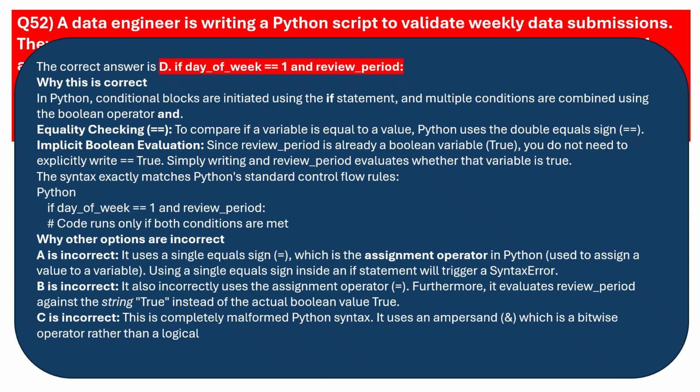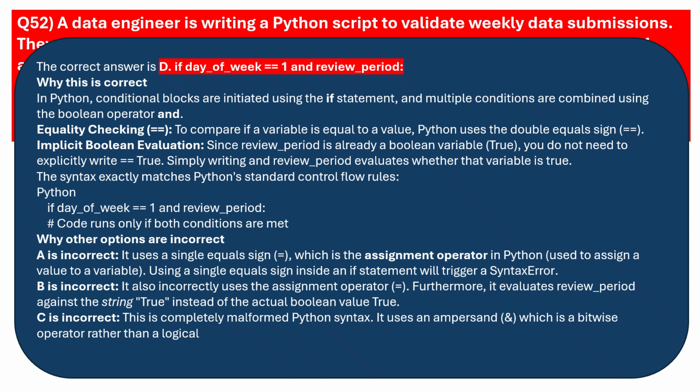Why this is correct: in Python, conditional blocks are initiated using the if statement, and multiple conditions are combined using the Boolean operator AND. Equality checking: to compare if a variable is equal to a value, Python uses a double equal sign, ==. Implicit Boolean evaluation: since review_period is already a Boolean variable, True, you do not need to explicitly write == True.